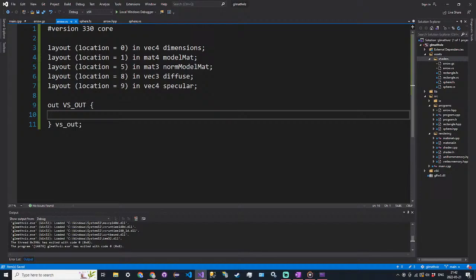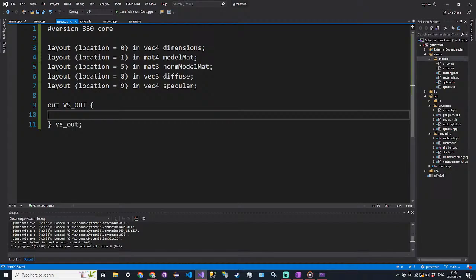My math library is in C, so there are no constructors and none of that. But with GLM, it just makes it so simple and easy to do. But yeah.